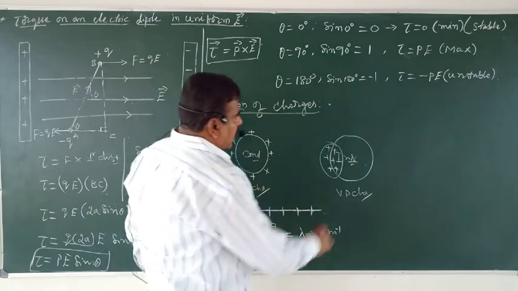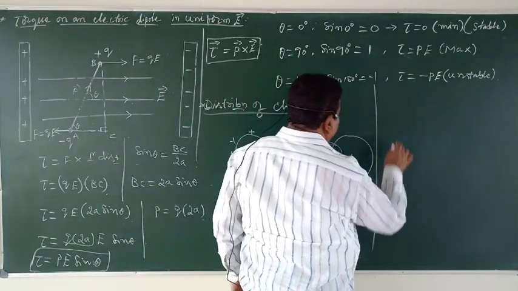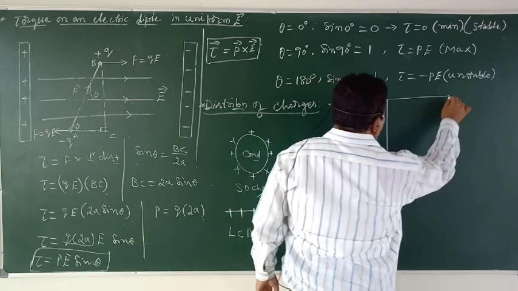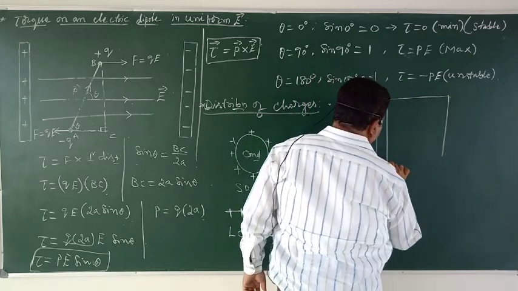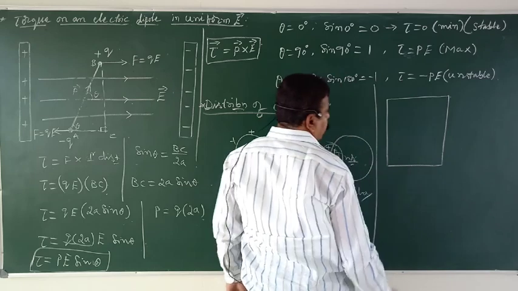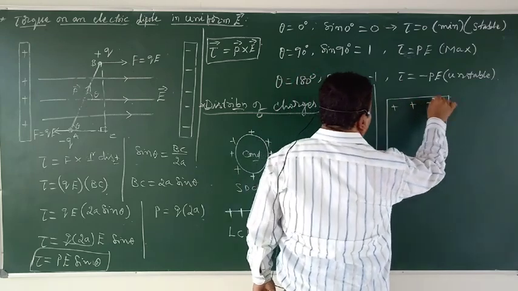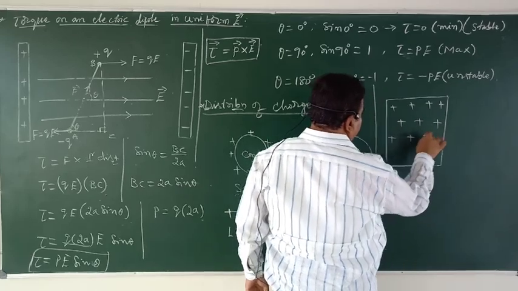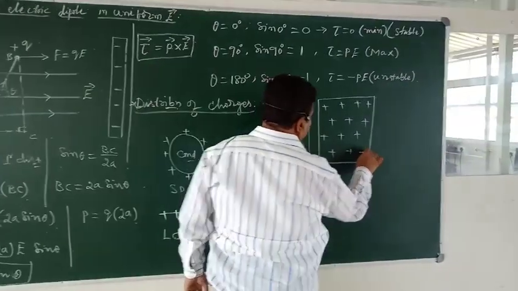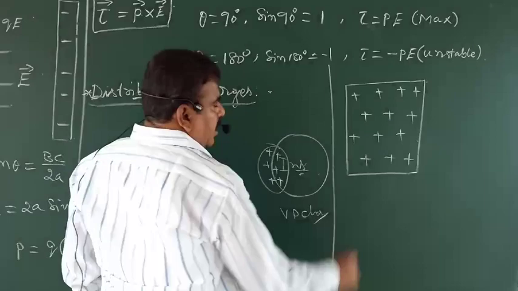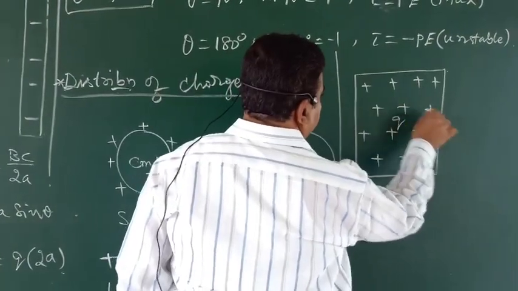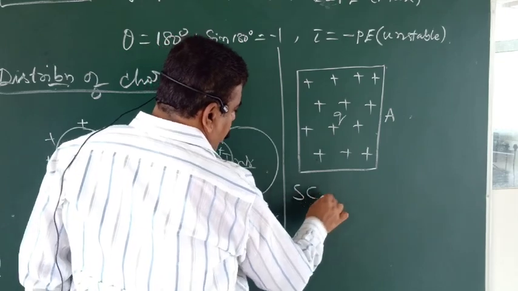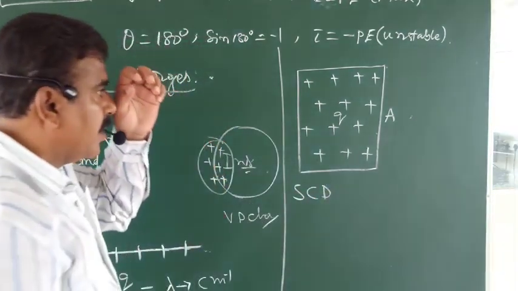Okay. Similarly, if we give a charge to a plain conducting sheet, the charge will be distributed over the entire surface. The amount of charge per unit area is called surface charge density.